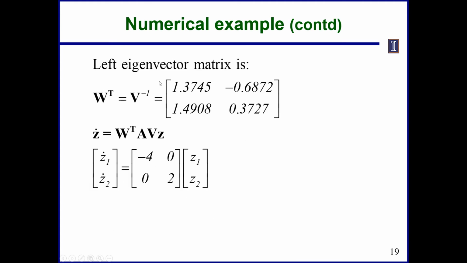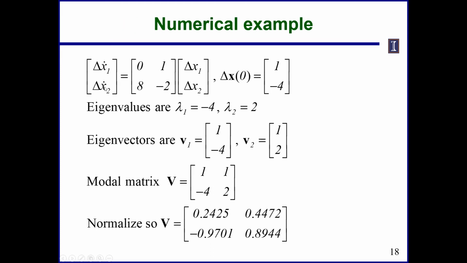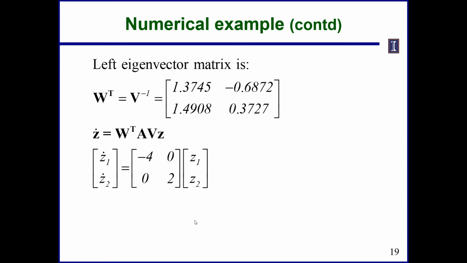And here from the eigenvector, you have the modal matrix, this one, the normalized, this one. Okay, we will talk about this later, but the important thing is you have a transformation. Now you have a new set of states which only affect themselves.